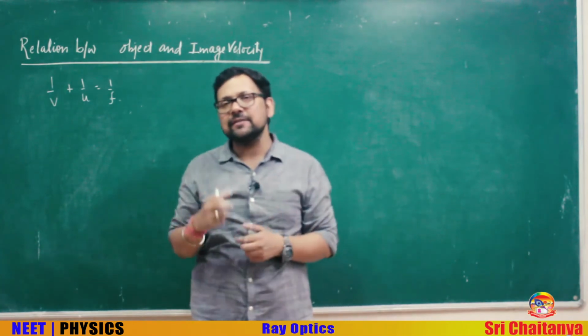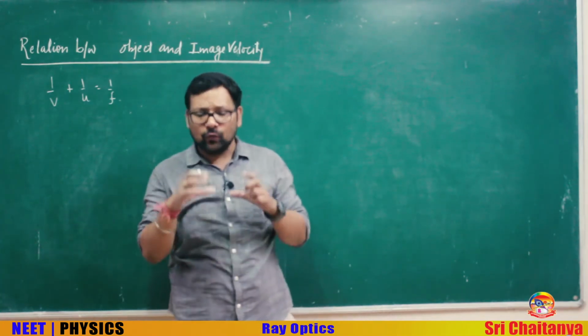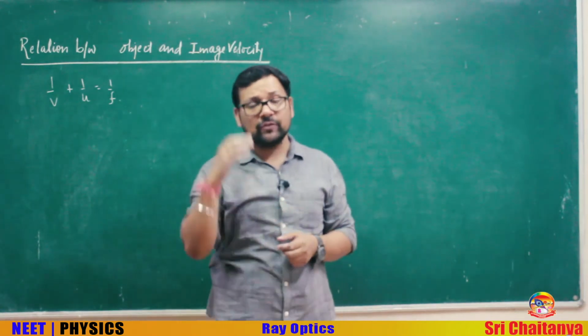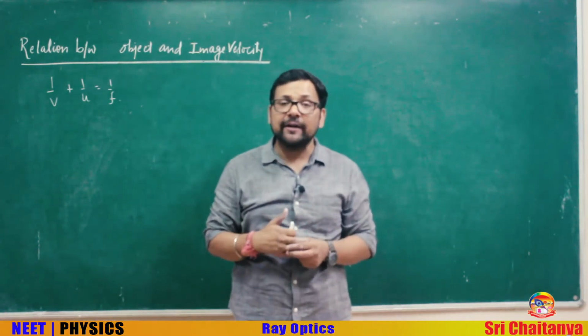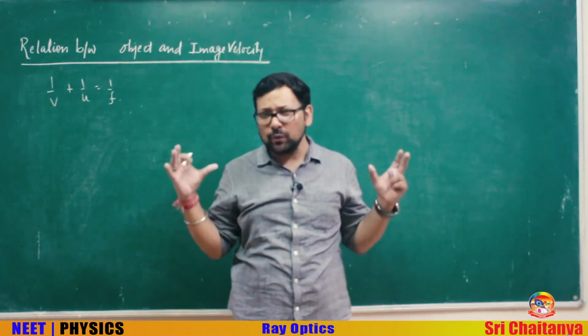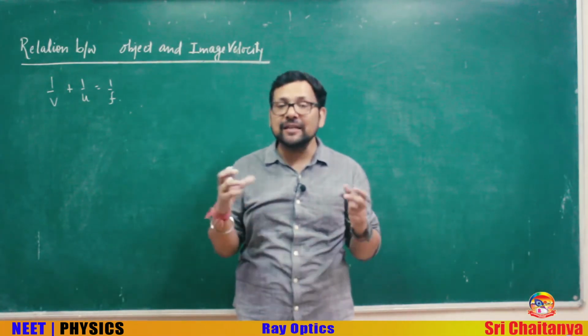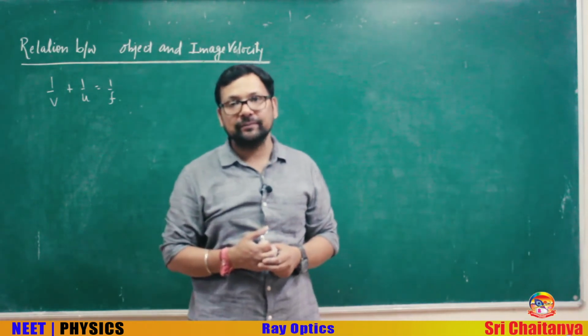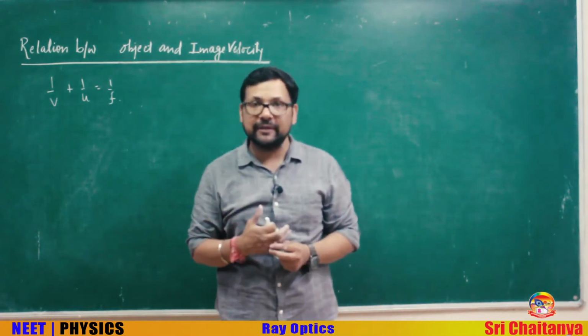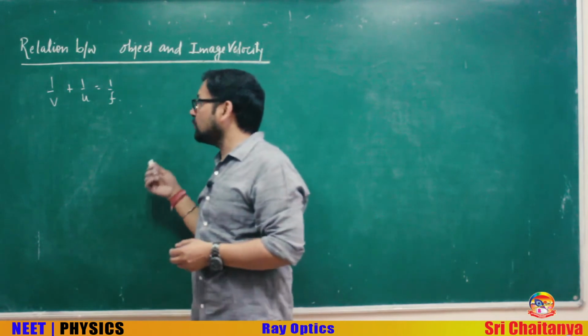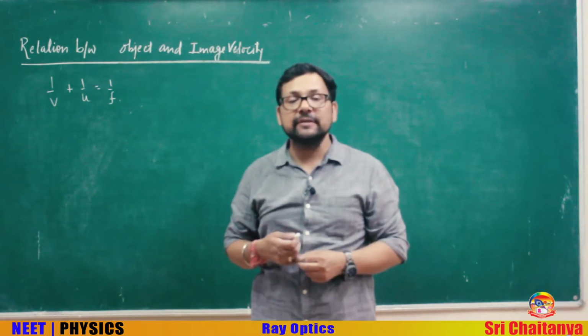These are actually distances. What happens in ray optics, whenever there is a velocity question, you will find almost all the formulas in ray optics are precisely the relation between displacements. So v, u and f, these are also displacements.